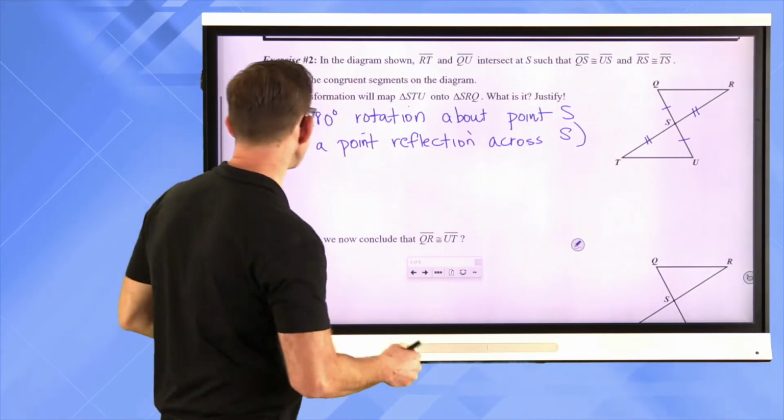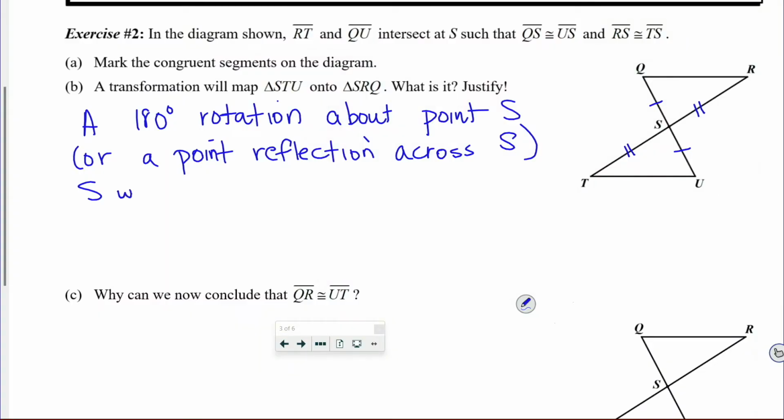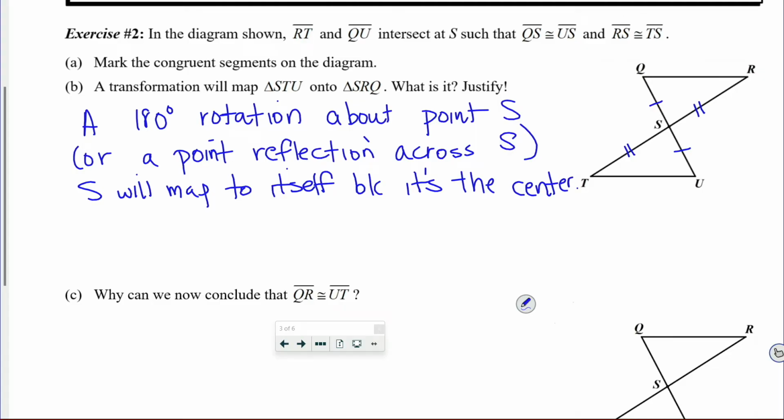So let's get all of those down. So S will map to itself because it's the center. U will map to Q because QS is congruent to US.